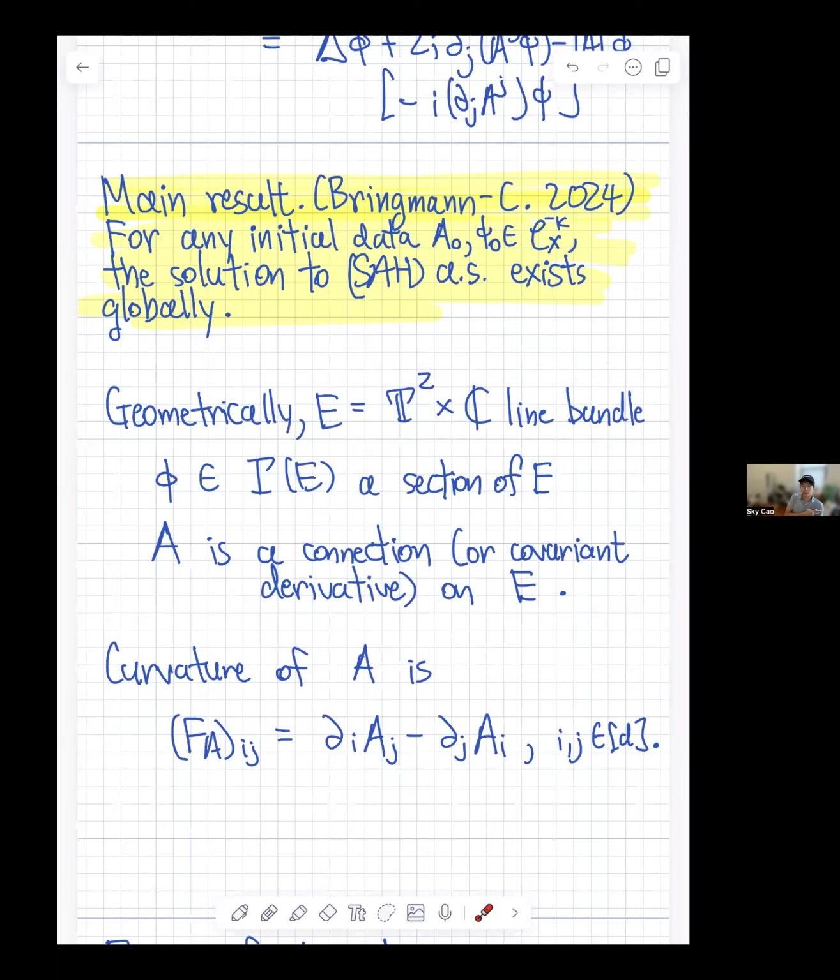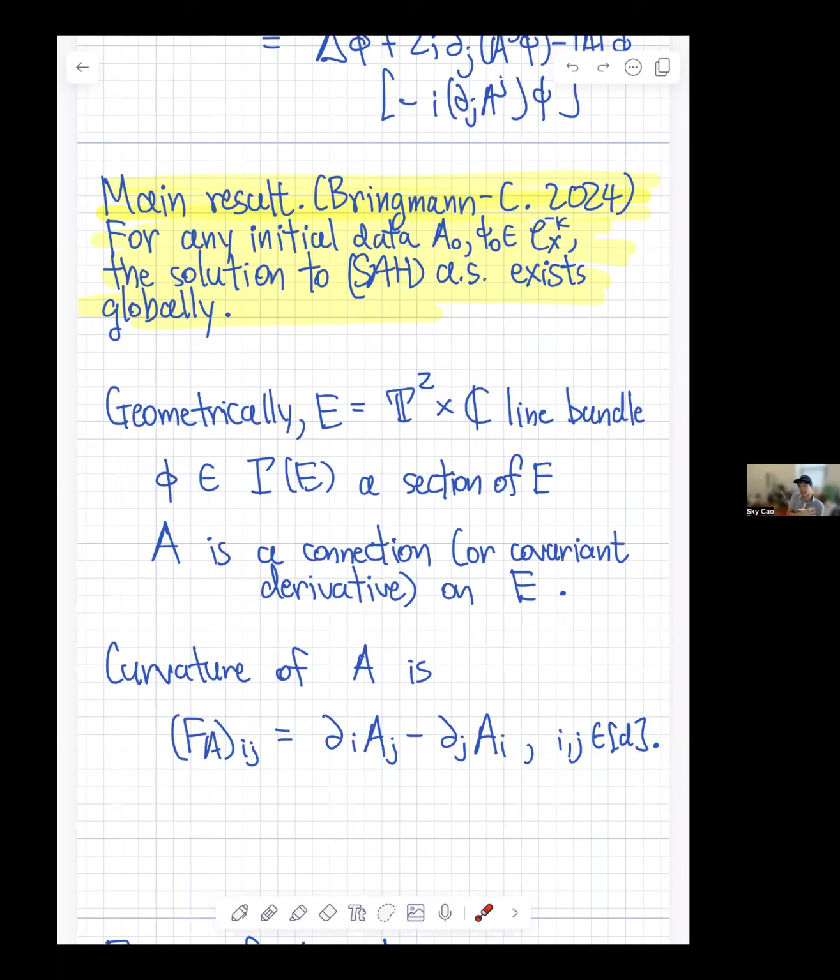But geometrically, what we really have, in the background, is this complex line bundle. In our case, it's just trivial, so it's a product bundle consisting of our base manifold and our fibers, which are just C. And you should really think of phi as a section of this line bundle. So I use this notation to denote a section.